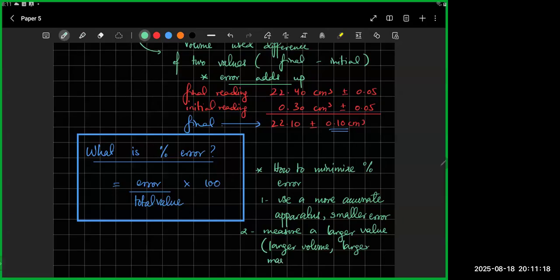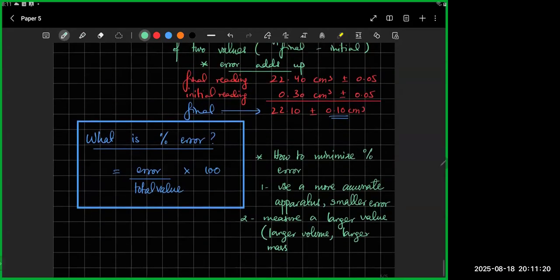So never deal with smaller quantities. If you start dealing with larger quantities, your percentage error would automatically be smaller. So either you make the error smaller, or the value that you're trying to measure, make that larger. ठीक है, ये भी clear है?